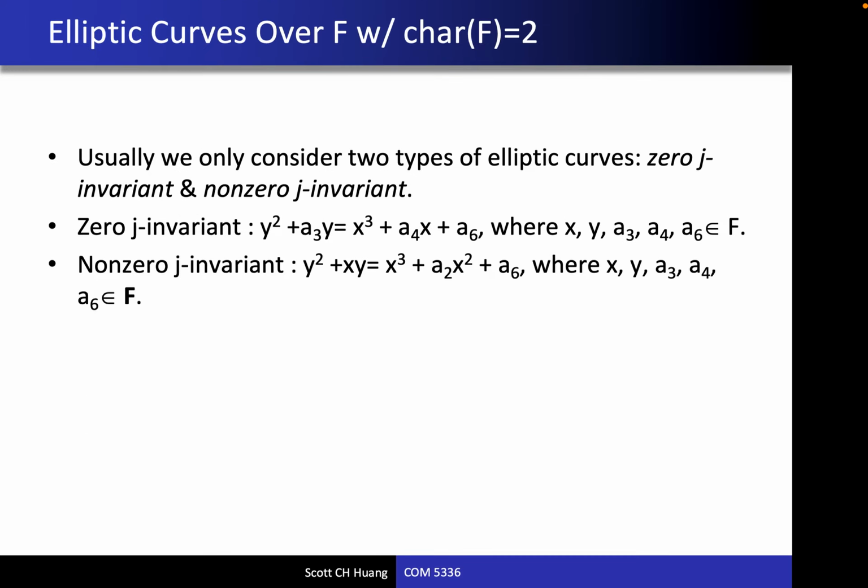Now, we mentioned that it's not possible to use real numbers for cryptographic applications, because we simply cannot represent real numbers using finite memory. So the only possibility is using elliptic curves over finite fields.